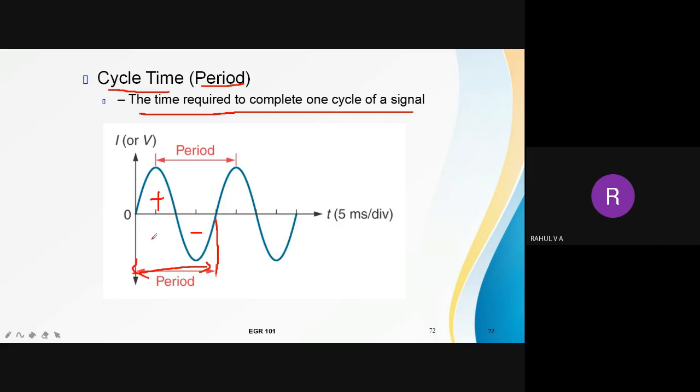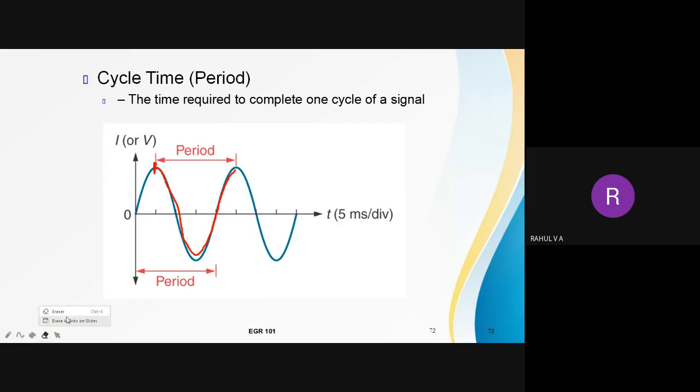And I can call this also a time period, because I'm assuming that the starting is at this point. It starts from this point, goes like this and ends at the same point. So this is also a period.